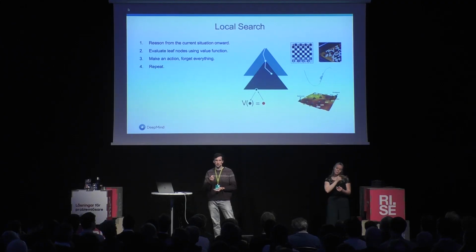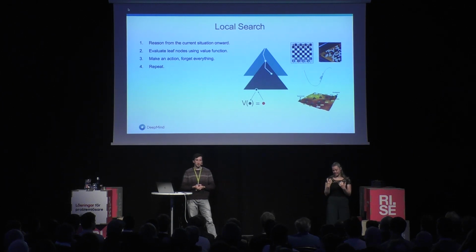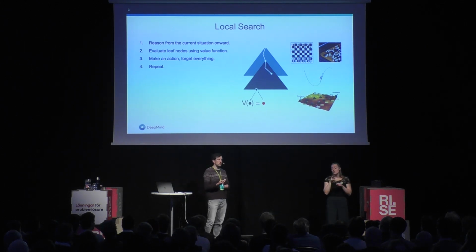So this is another crucial ingredient in the story of search. Not only am I looking forward a few steps ahead, but I'm also using something to evaluate these future states. And again, that can be some fancy neural network, it can be some simple if-else rules, or it can be any other table. So it's a function from a state to my estimated value of that state.